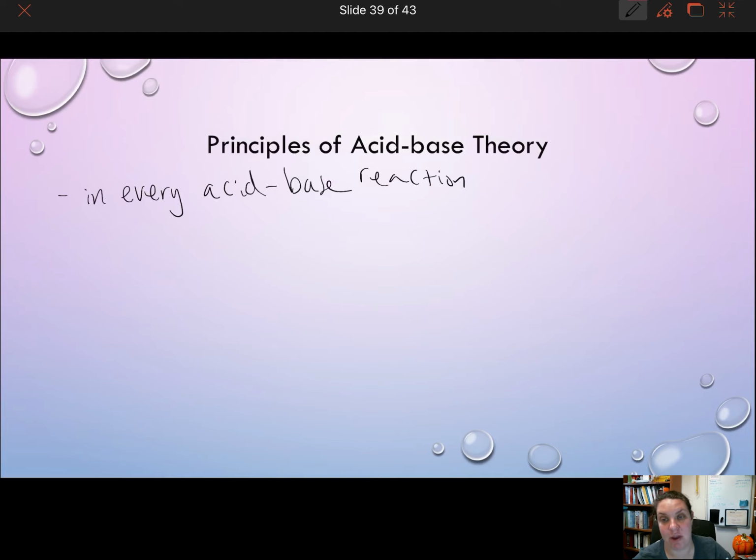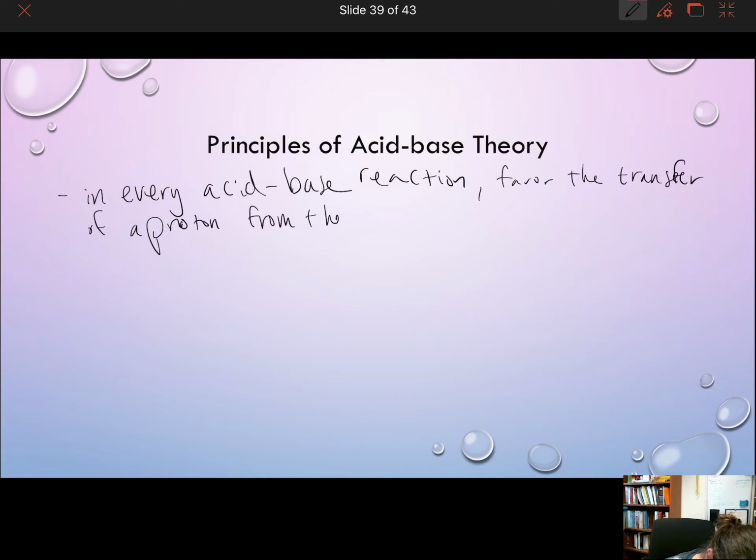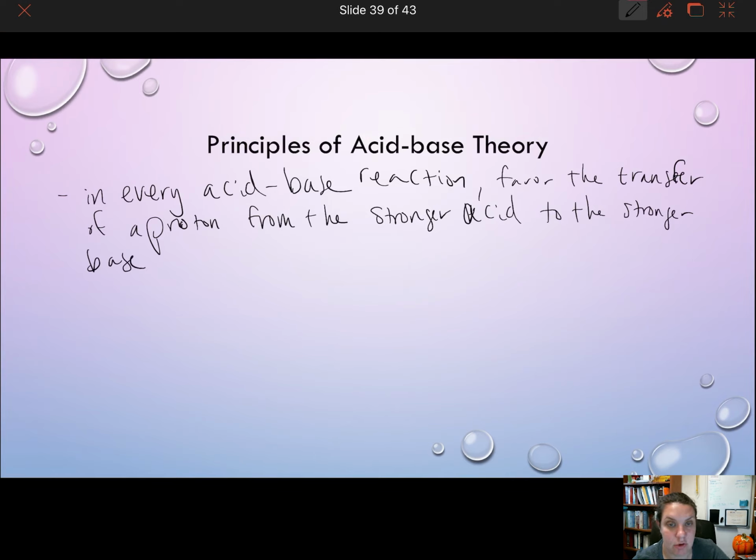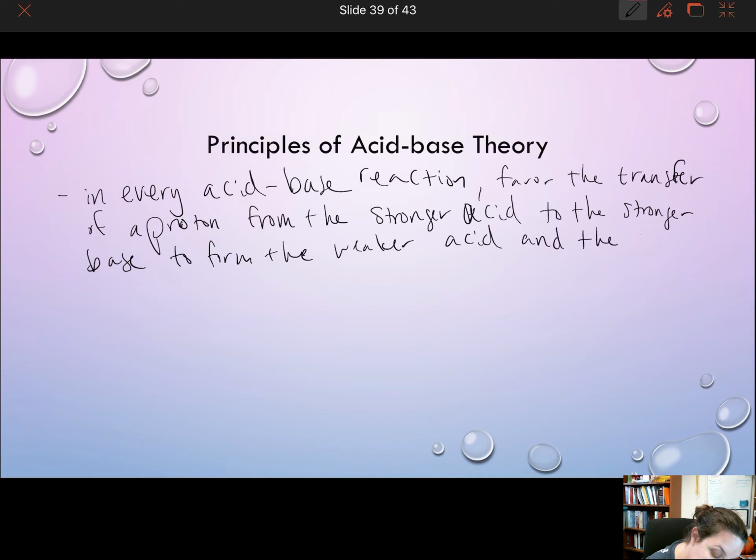So when we have an acid-base reaction, we're going to favor the transfer of a proton from the stronger acid to the stronger base to form the weaker acid and the weaker base.